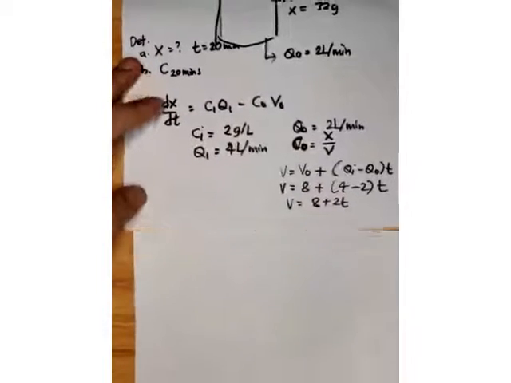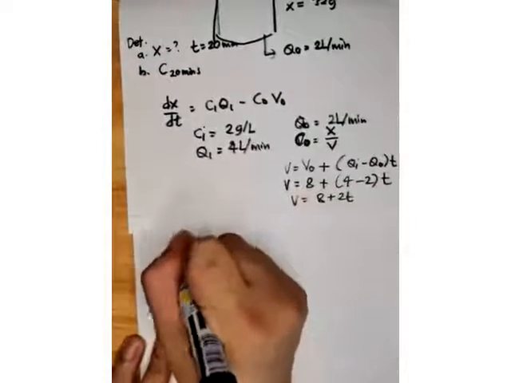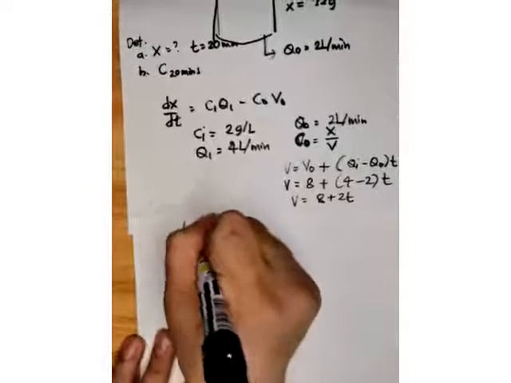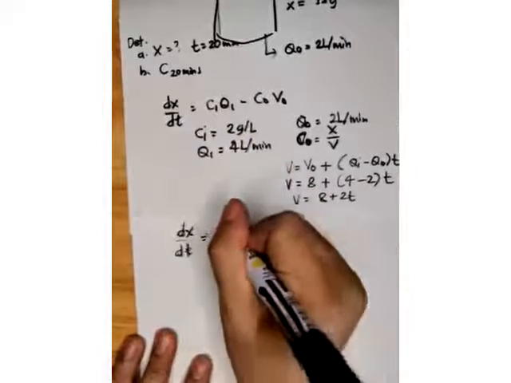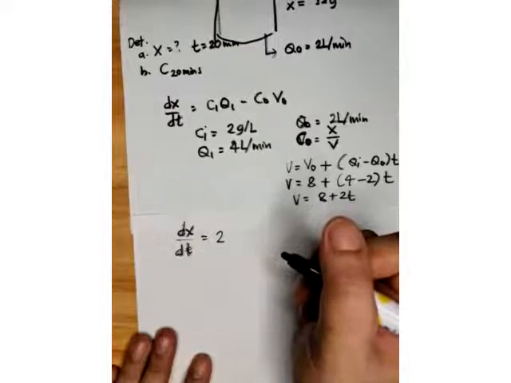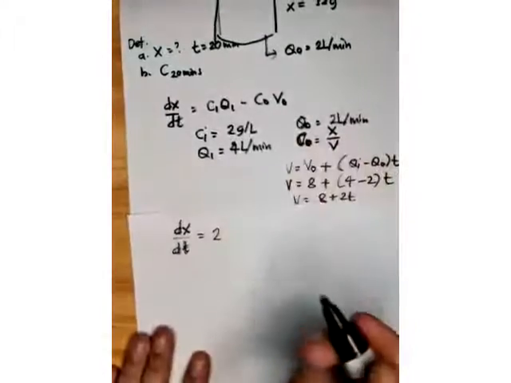So therefore, dx over dt is equal to, yung CI natin, that's 2. Hindi ko na susulat yung unit, no? Kasi maka-cancel ito, so that's grams per minute.